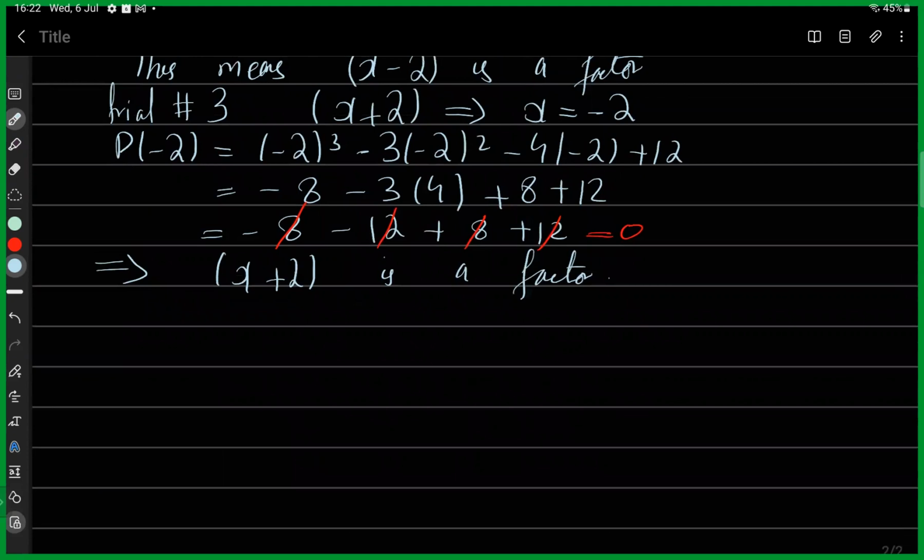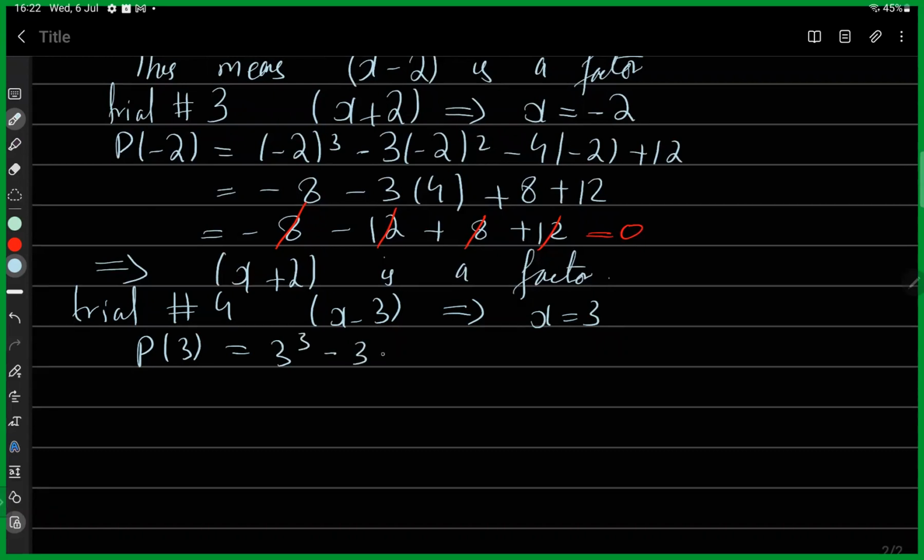Trial number 4. This time around, we were done with 1, 2, minus 2. Let's check for 3. If x minus 3 is a factor, this would mean x equals 3 would give you 0. So P of 3 would give you 3 cubed minus 3 into 3 squared minus 4 into 3 plus 12.